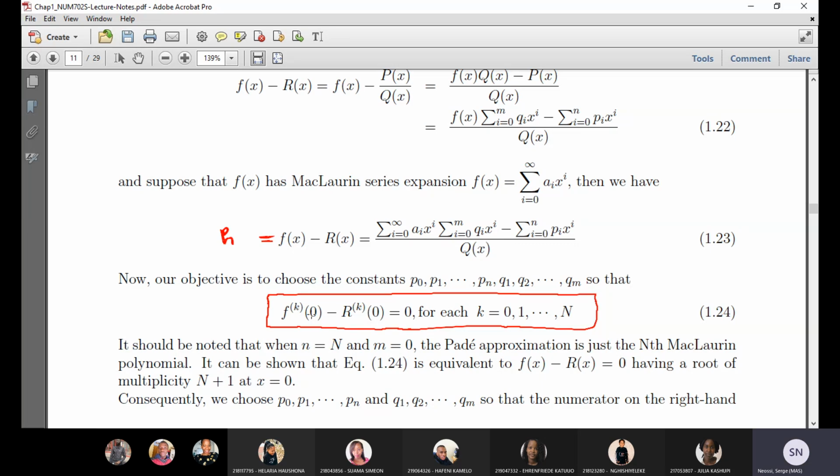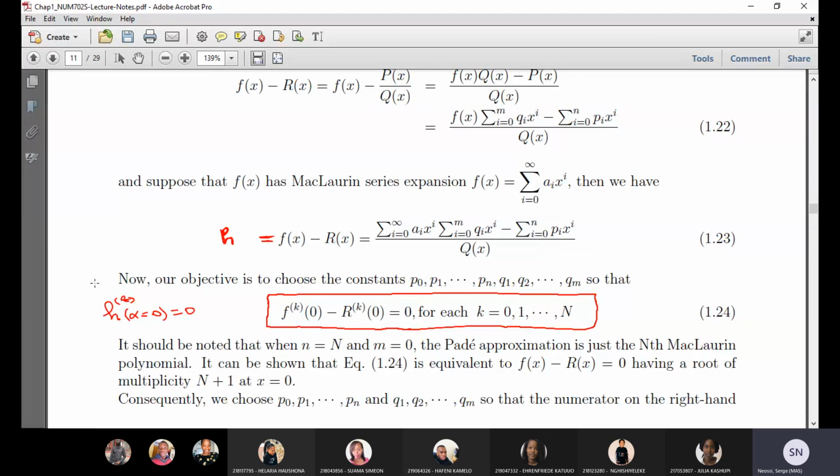What is this expression? This is the same as the k-th derivative of h at 0, because our alpha here is 0, is equal to 0 for k starting from 0 up to this value. Remember that this value should be m minus 1. So if I add 1 to this, it gives me the multiplicity of this function.